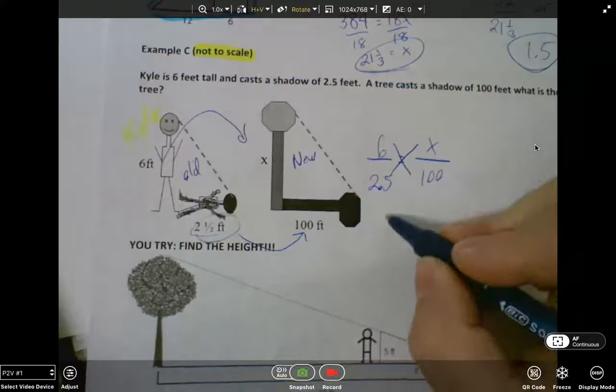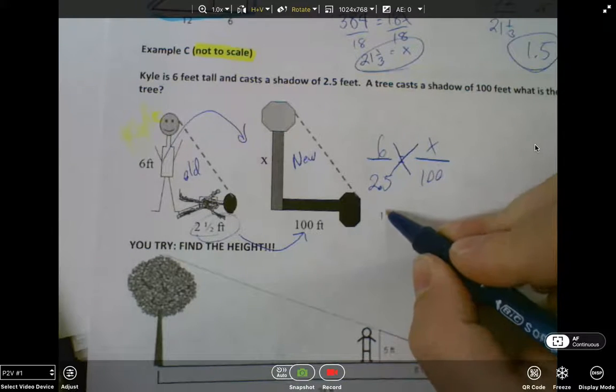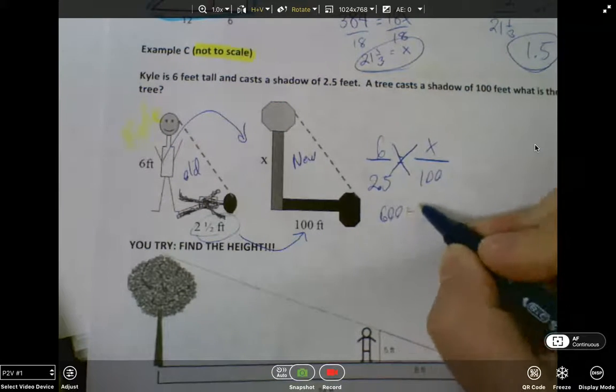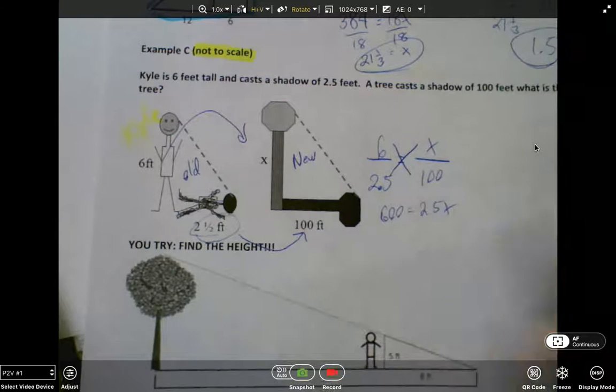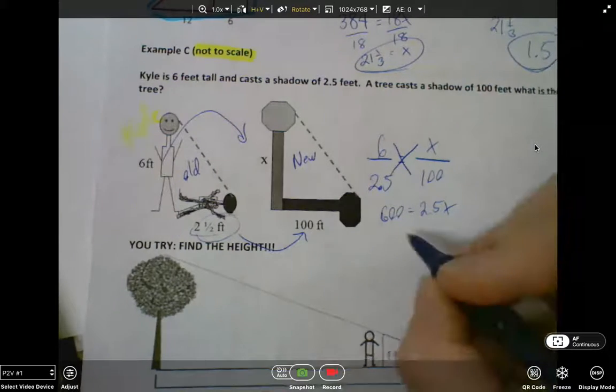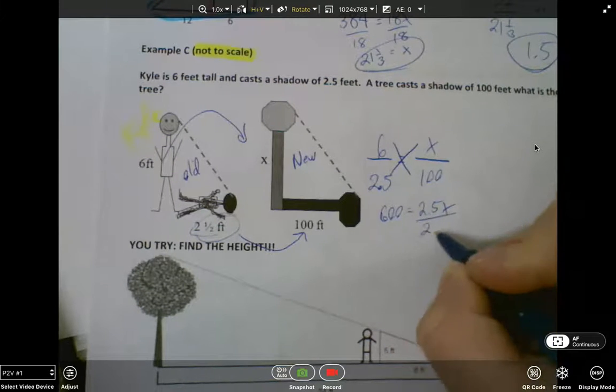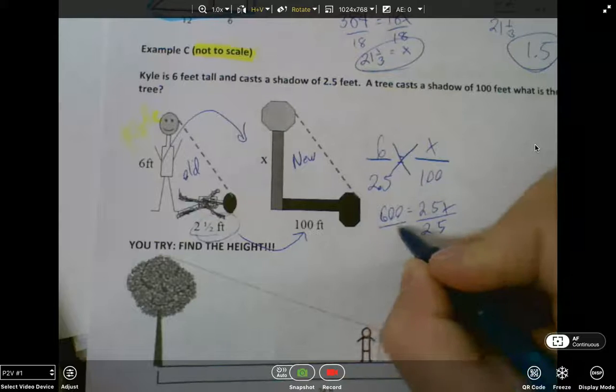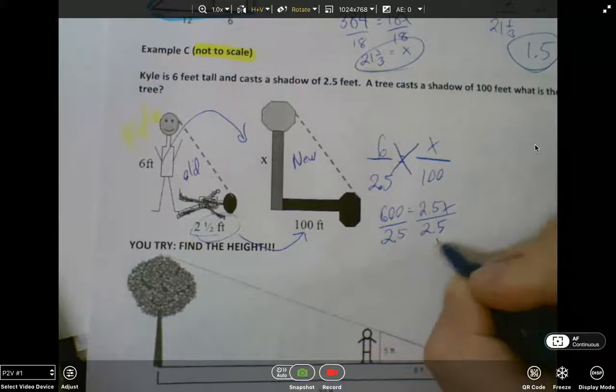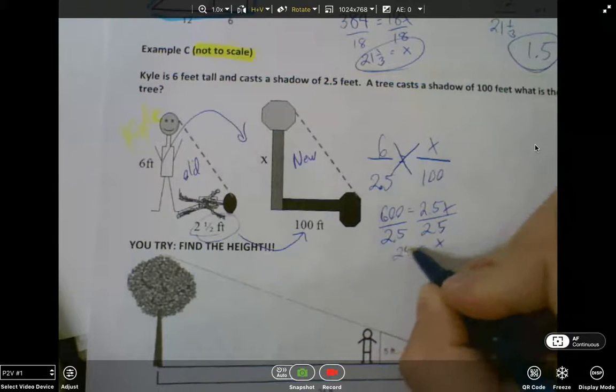Cross multiply and divide. So you get 600 equals 2.5x, and then 600 divided by 2.5 is 240. So we're going to write here, divide each side by 2.5, and x equals 240.